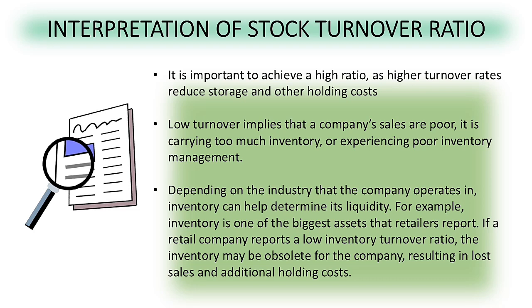For example, inventory is one of the biggest assets that retailers report. If a retail company reports a low inventory turnover ratio, the inventory may be obsolete, resulting in lost sales and additional holding costs.